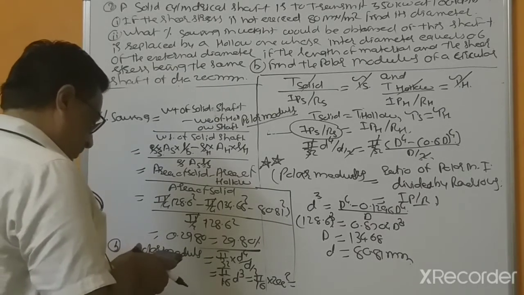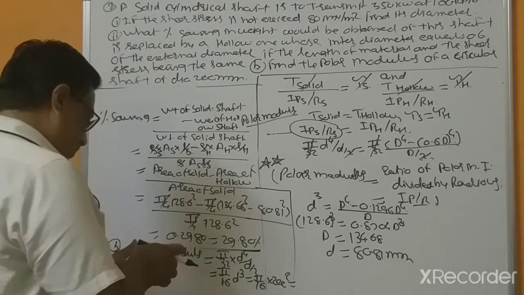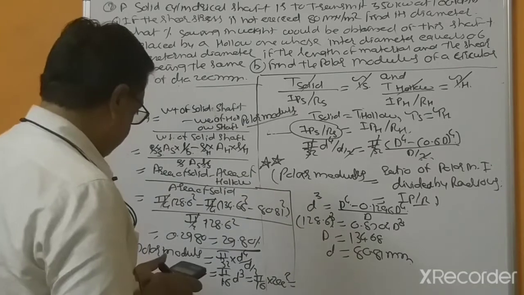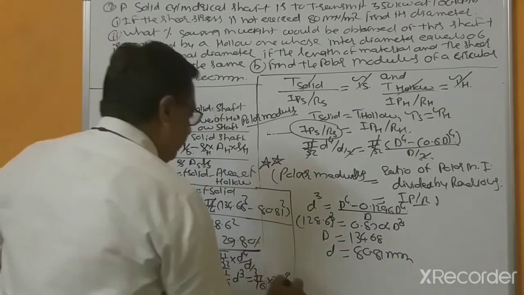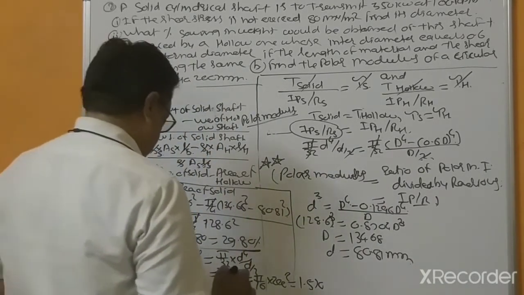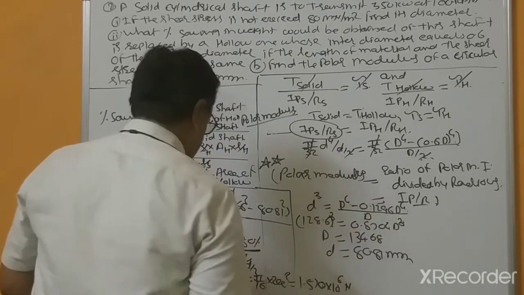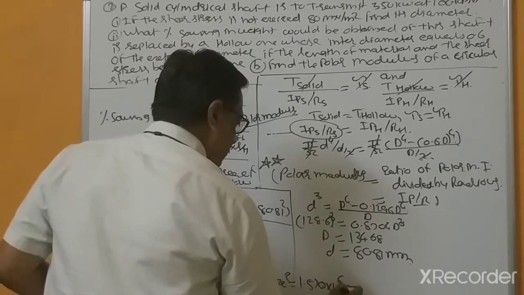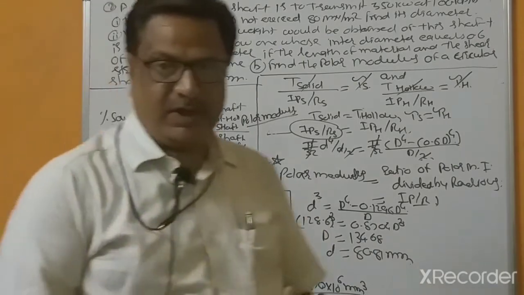Pi divided by 16 multiplied by 200 cube equal to 1.570 into 10 to the power 6, unit mm cube. This is your expected answer.